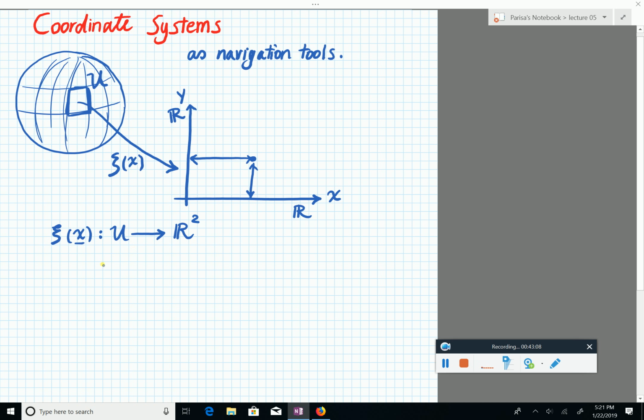And then what you are going to get, for example, in 2D, is C1 and C2.